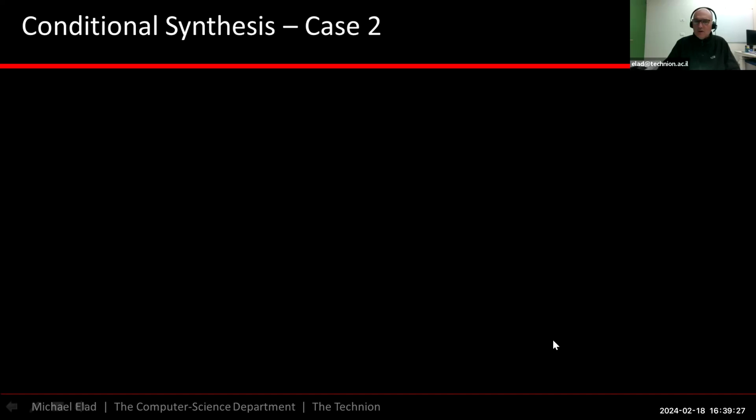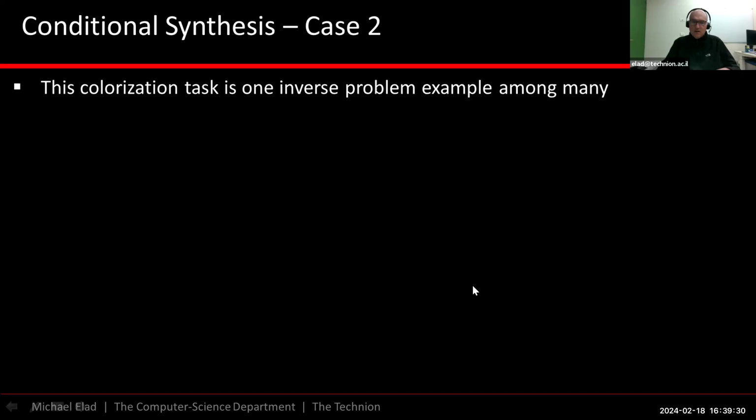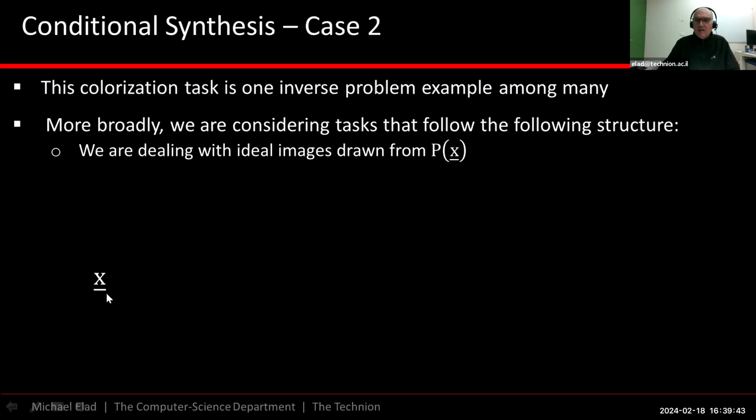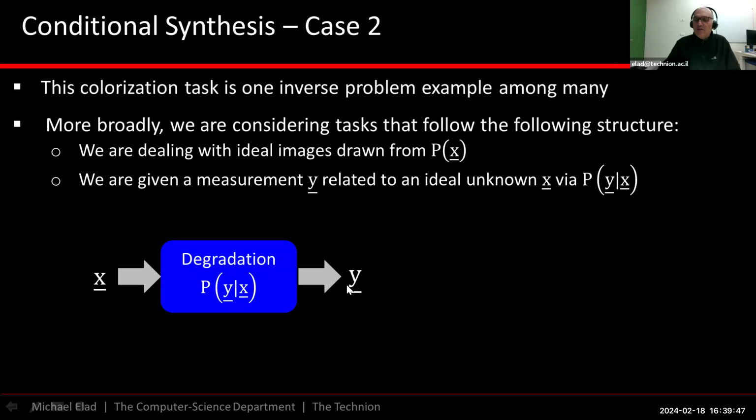You have to understand that what I've done here is just giving you a specific example of many possibilities of something more general that is called inverse problems, and we have discussed them before. The more general structure would be like this. There is an ideal image X that you don't get to see. You get to measure something related to it. Y are the measurements.